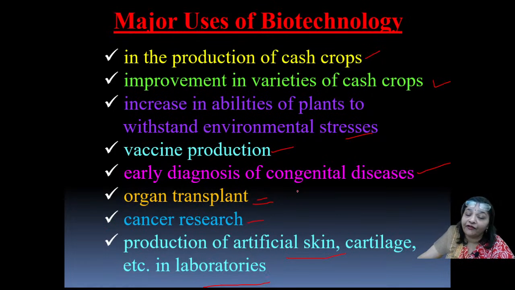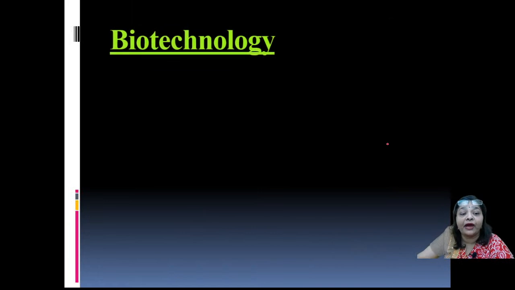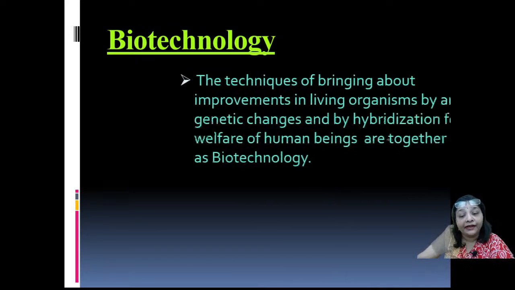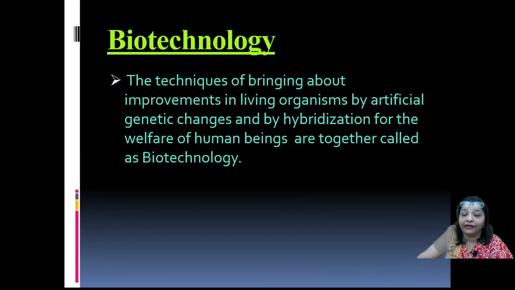The production of artificial skin, artificial cartilage is being taken up in large laboratories, and all these are because of the field of biotechnology. Let us see what is biotechnology first. The techniques of bringing about improvements in living organisms by artificial genetic changes and by hybridization for the welfare of human beings are together called biotechnology.